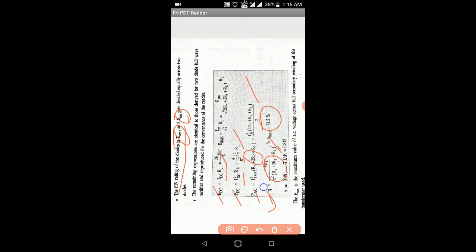So RS plus 2RF is neglected in comparison to RL. The ripple factor is 0.48 and the transformer utilization factor is increased, that will be 0.812. Here we see the transformer utilization factor increases. The ESM is the maximum value of the AC voltage across the full secondary winding of the transformer used.